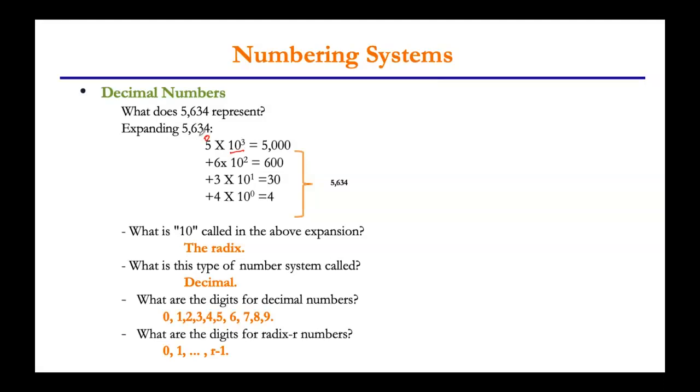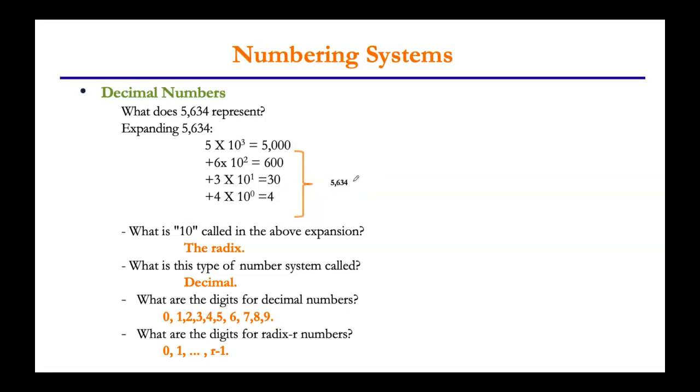Then that is added to the next item, 6 multiplied with 10 to the power of 2, which is 600, and 3 multiplied with 10 to the power of 1, which is 30. The last item is 4 multiplied with 10 to the power of 0, which is 4, and adding all these gives our number.